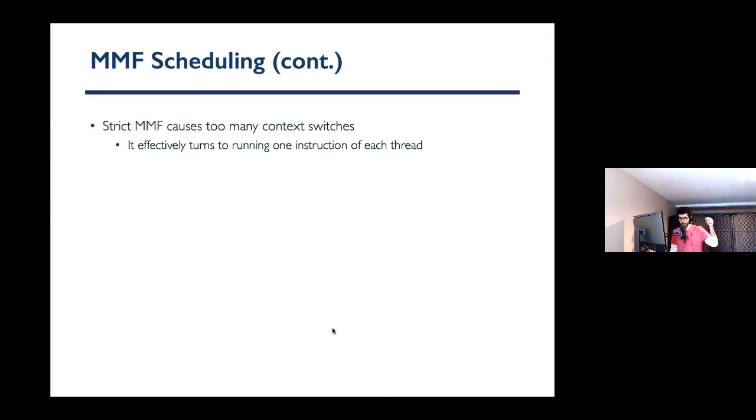So you have to go execute another instruction from another thread, and then another instruction from another thread, and that becomes really impractical to exactly implement max-min fairness. That's why instead of doing instruction per instruction, we just do one time quantum at a time. So we give one time quantum to this thread, and then we switch to another thread, and then another thread. Depending on how long the time quantum is, you might end up context switching a lot.